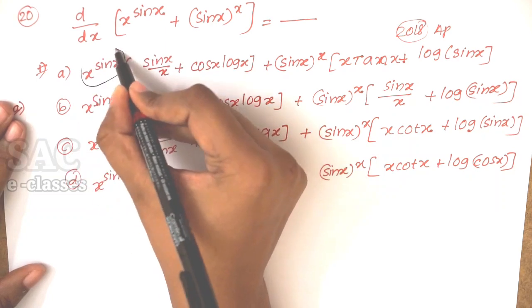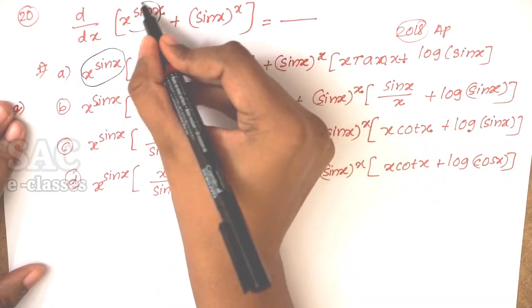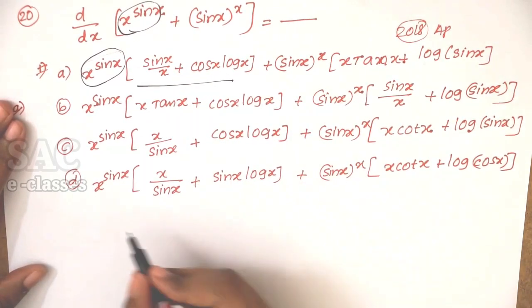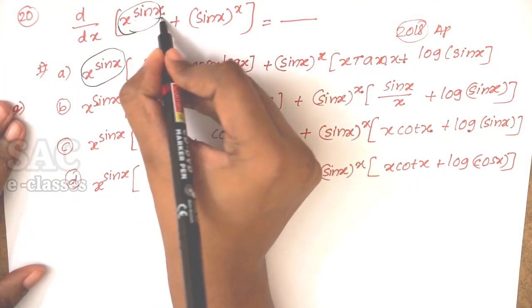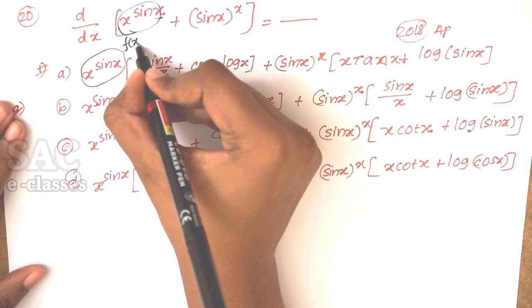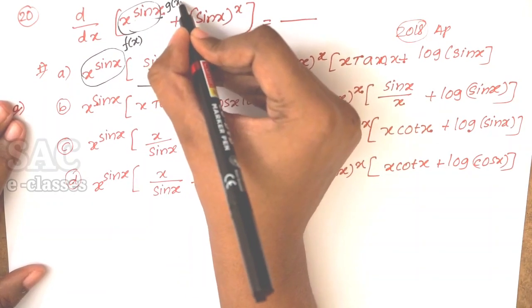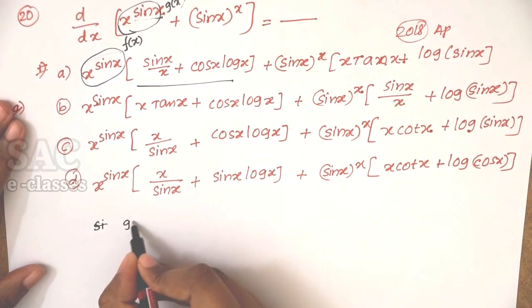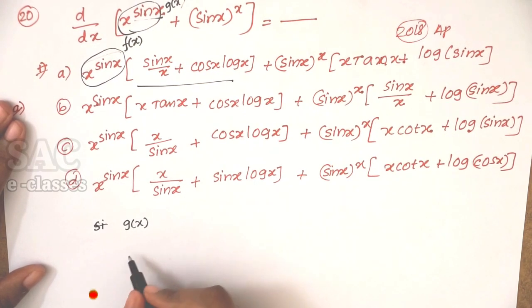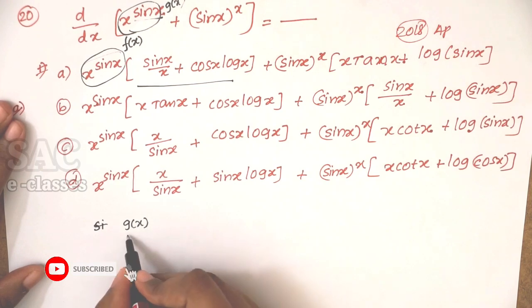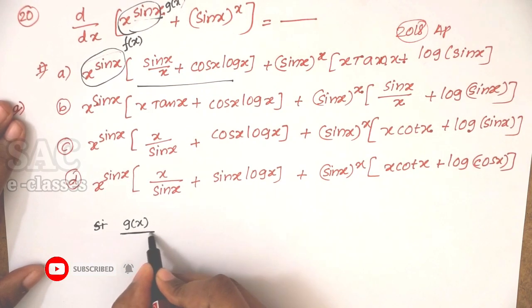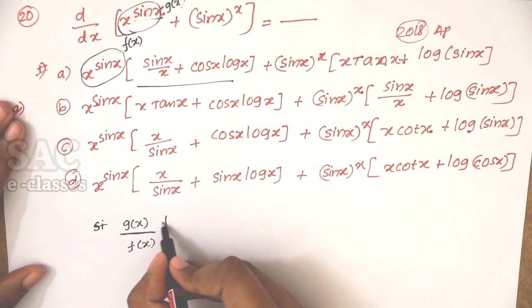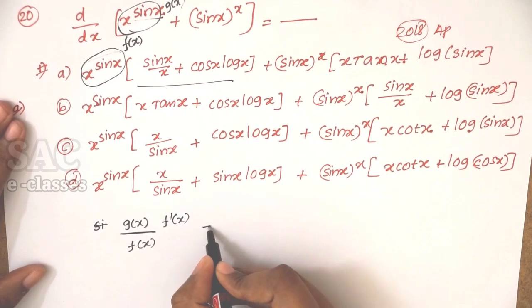We know that x power sin x will repeat if you take x power sin x. So this one I am going to solve. In what manner? Let us see. If I think it is f of x and it is g of x, just write g of x first. Later write it by f of x and f dash of x.